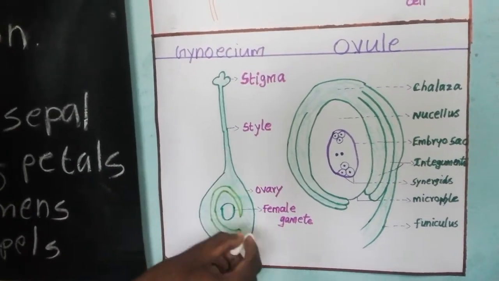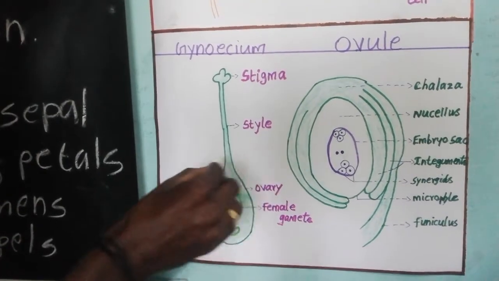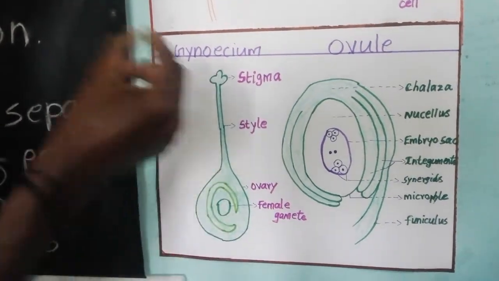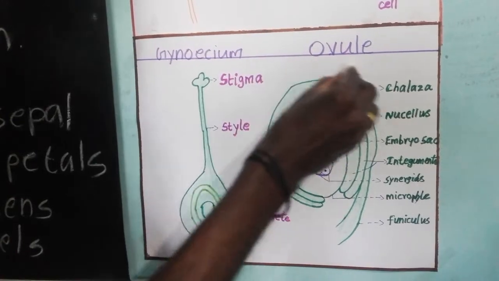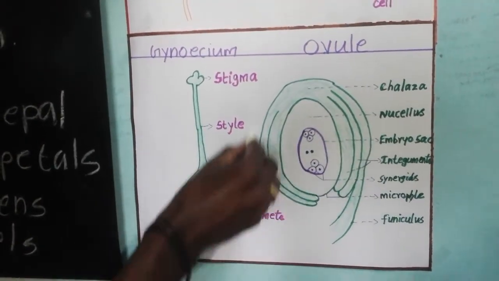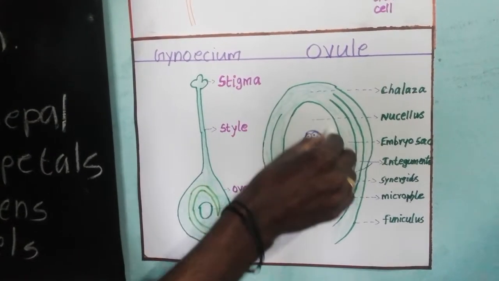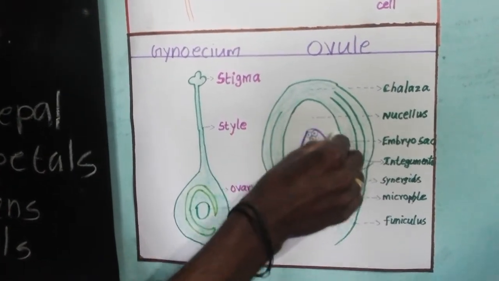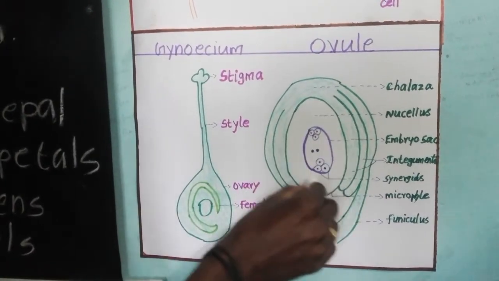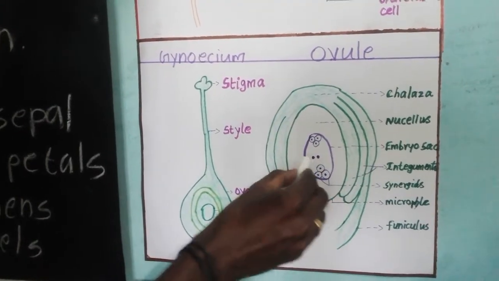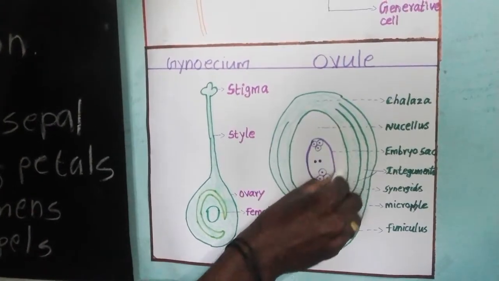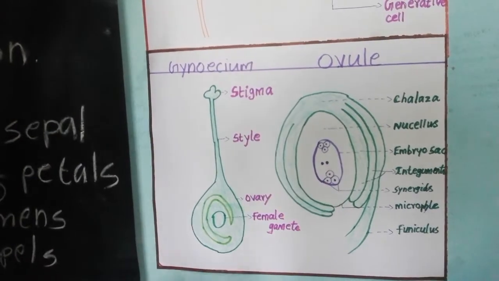Inside this female part there is the ovule. Here you see the ovule structure. In the center of the ovule is the nucellus, and there is also a round structure, the embryo sac.